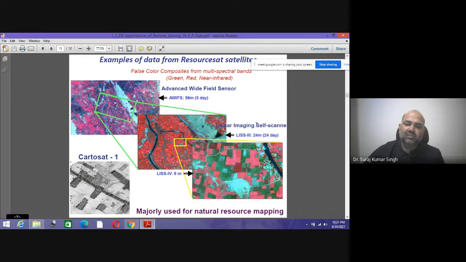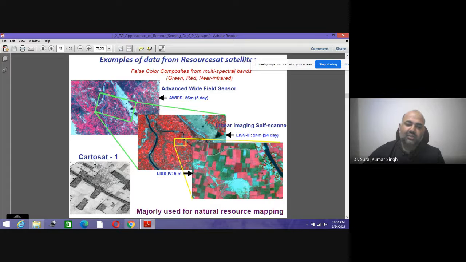Then we have the LISS-3, the linear imaging self scanner, with a spatial resolution of 24 meters and a revisit time of 24 days. And then you have LISS-4 with a spatial resolution of 5.8 meters. So you can see that as the spatial resolution increases, the amount of information increases.